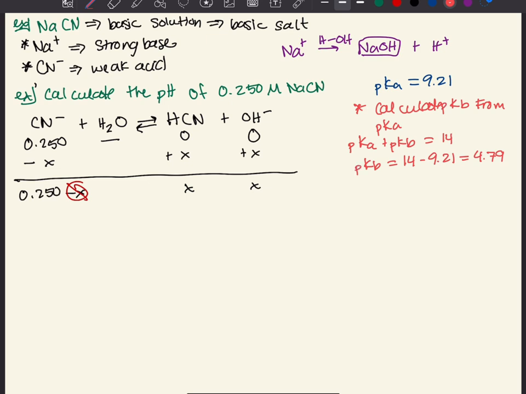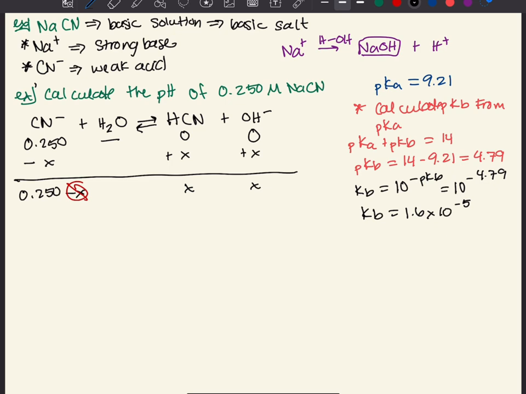If I have my pKb, I can then calculate my Kb. So Kb is going to be equal to 10 to the negative pKb, which is equal to 10 to the negative 4.79. So if I calculate that out, I get 1.6 times 10 to the negative 5.